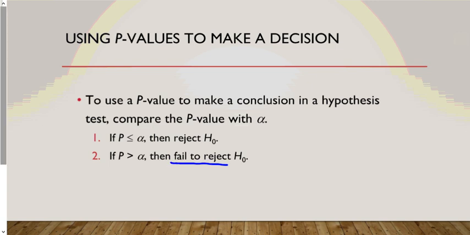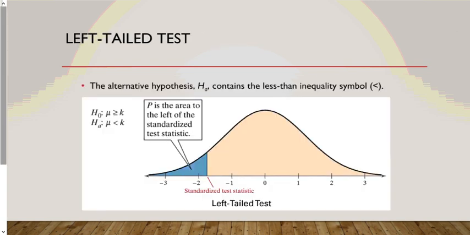Okay, so let's go ahead and take a look at just what this might look like, a couple pictures, so to speak. If your alternative hypothesis contains a less than sign, then your rejection area will be on the low end.